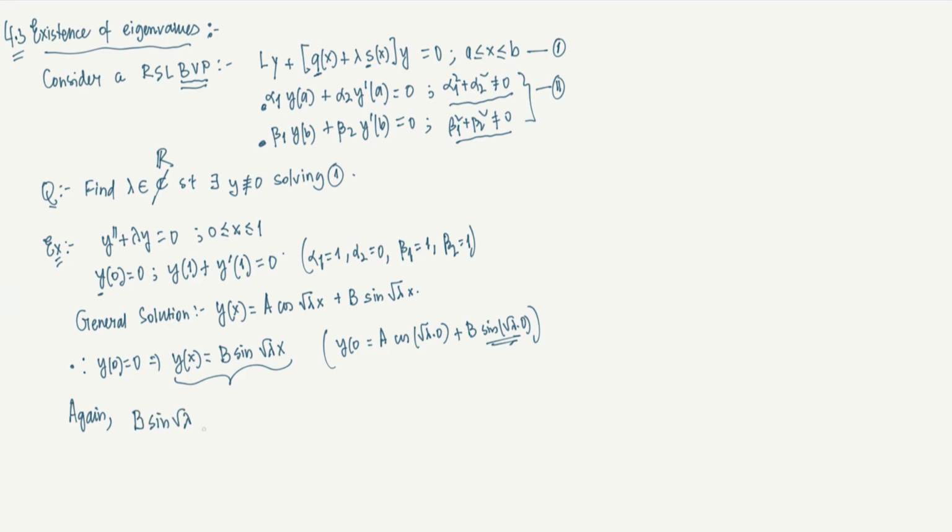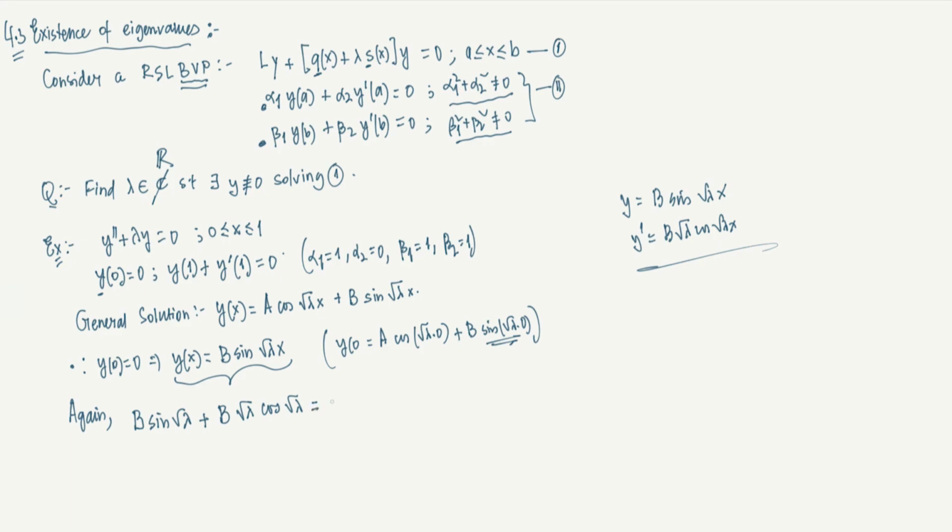plus y prime of 1. And y prime of 1 in our case is, if you take the derivative, y is b sine root lambda x, so y prime equals b root lambda cosine root lambda x. If we put it here, it will give me b root lambda and again cosine root lambda, and x is 1.